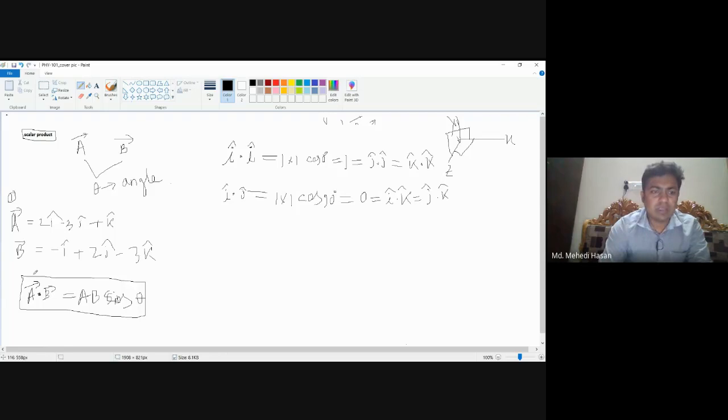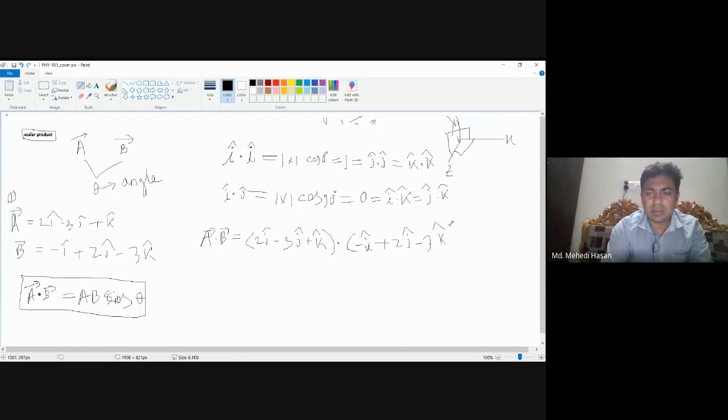Now let's solve a dot b. How can we find a dot b? A dot b is equal to, given value, 2i minus 3j plus k dot minus i plus 2j minus 3k.